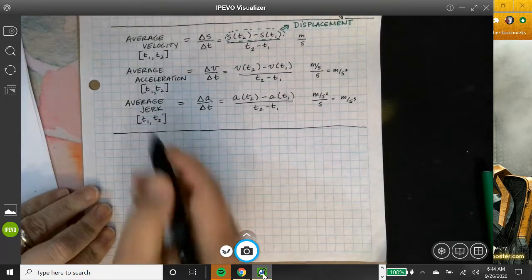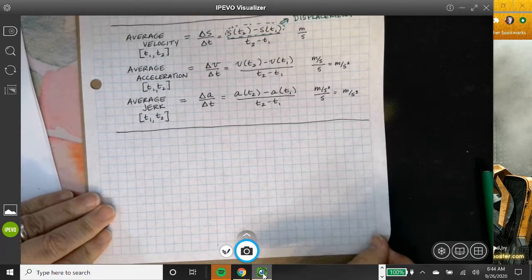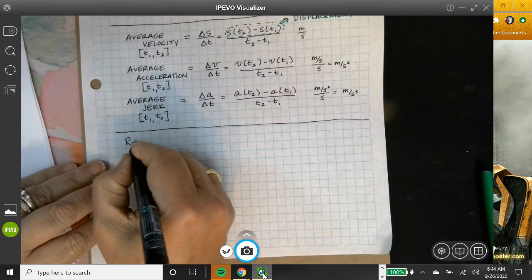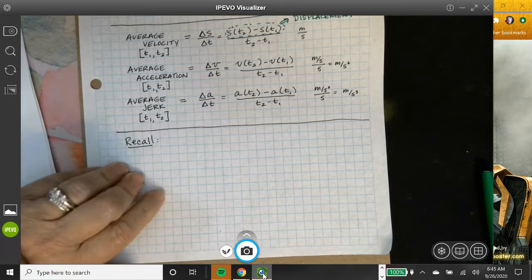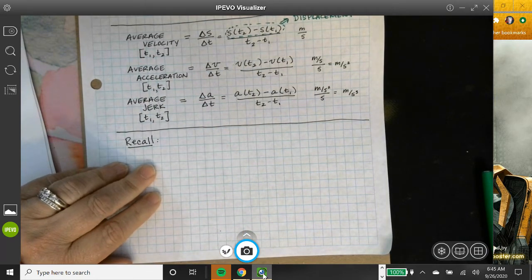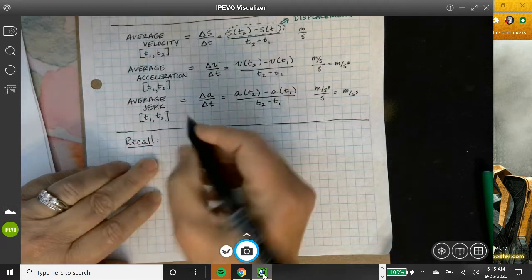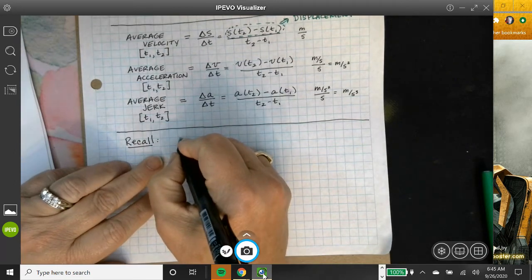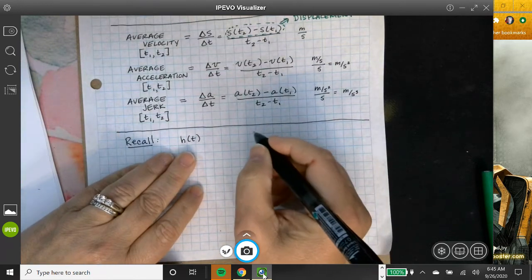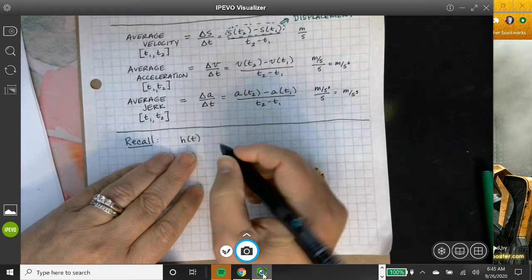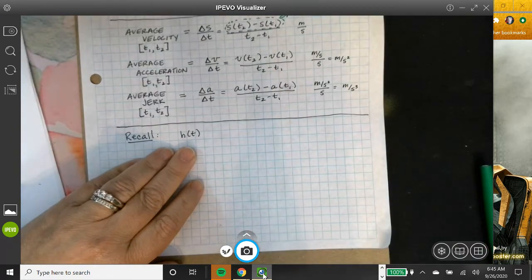Okay, and so we're going to recall the projectile motion, or the free fall motion equations that we learned last year. And h of t, which would be the height of your ball or something you threw in the air. Oops, I didn't mean to hit the camera.